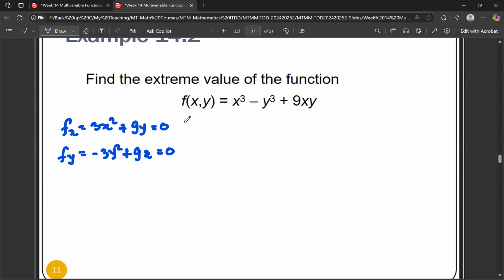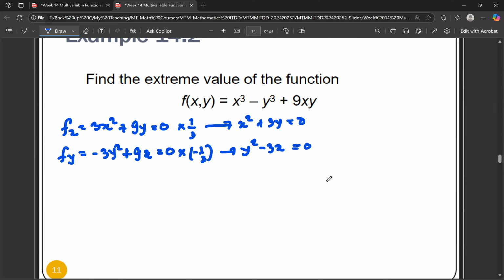And this is multiplied by minus 1 over 3, to make it simple. So we have x squared plus 3y, and this one y squared minus 3x.